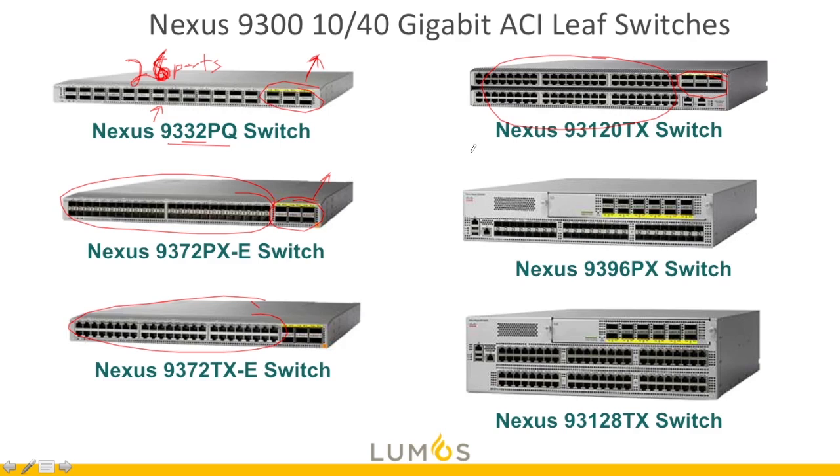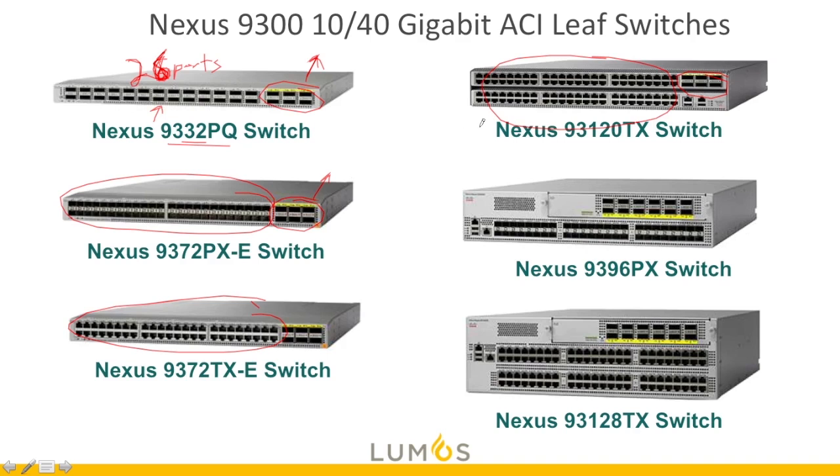Now, something to keep in mind. When we get to the APIC section, we'll cover this again. But I just wanted to mention real quick here, the APIC cluster. So those are 3 C-series based APIC appliances in a cluster together. So we need 3 of them, unless we're doing a lab, we can do 1. But they use the Cisco VIC card, the UCS VIC card, and they come in fiber only.